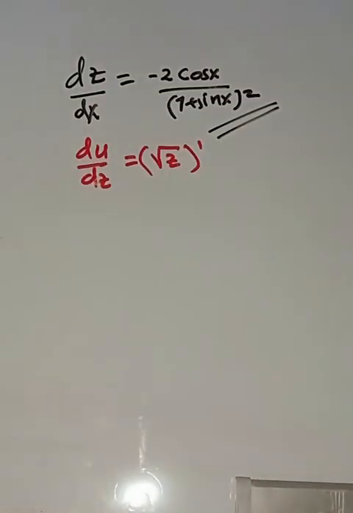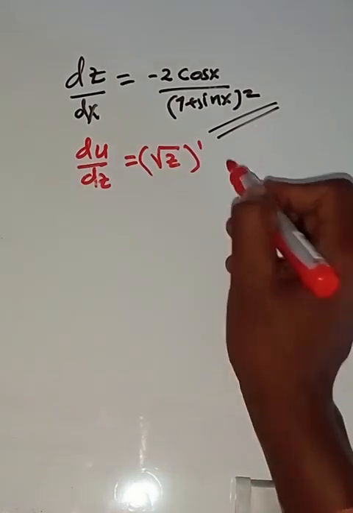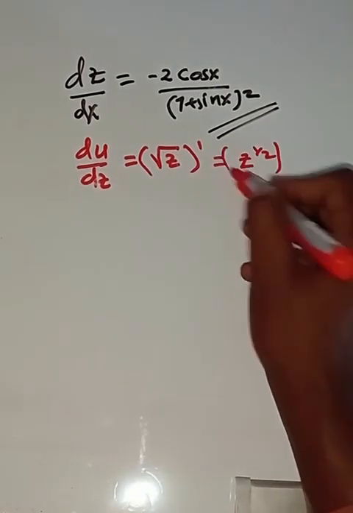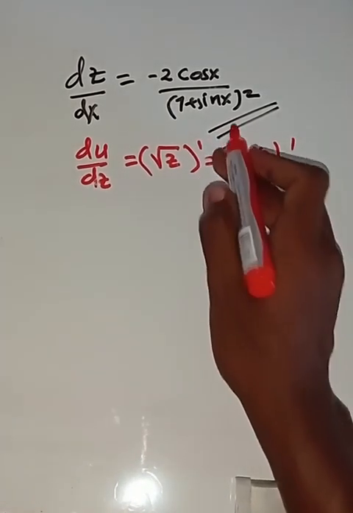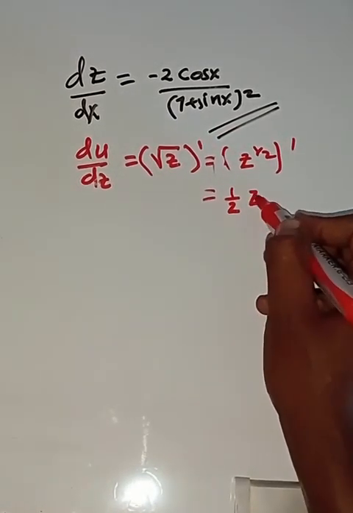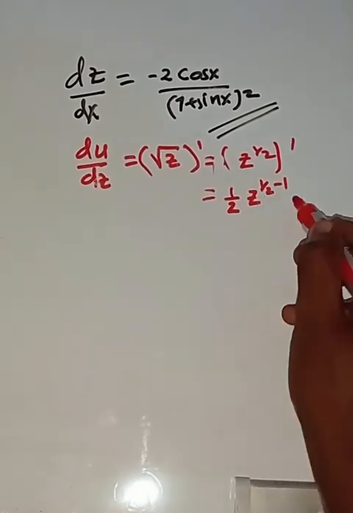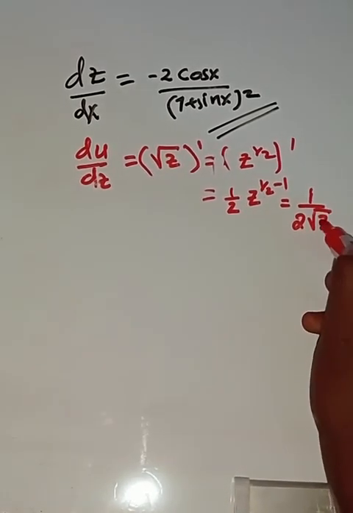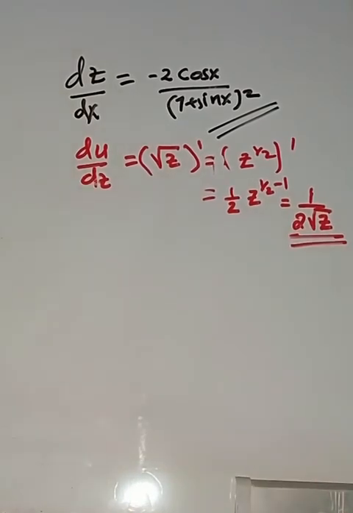The square root is z to the power of 1 over 2, so the derivative is 1 over 2 z to the power of 1 over 2 minus 1, which equals 1 over 2 square root of z. Clear?